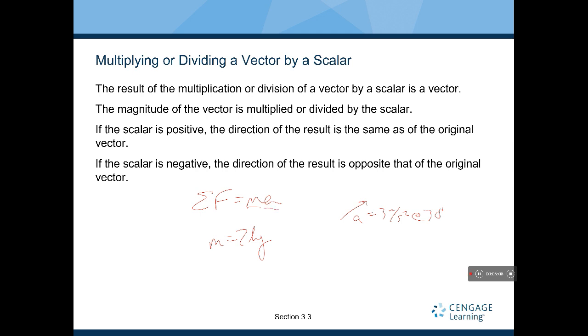It literally just changes the magnitude. We just take that scalar and multiply, and you would get 6. You'd, of course, combine units, kilograms, meters per second squared, otherwise known as newtons. But what effect does that have on the angle? None whatsoever, which makes sense because the net force is in the exact same direction as the acceleration. So net force in this case would be 6 newtons at 30 degrees. Same principle if I divide by a particular scalar.